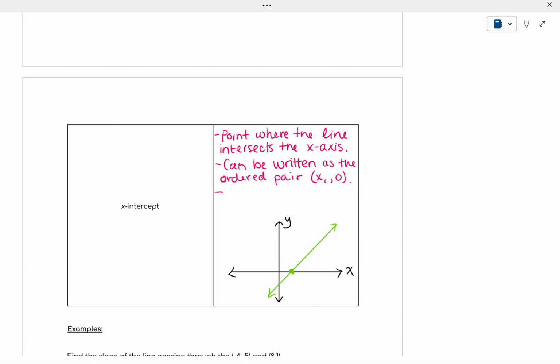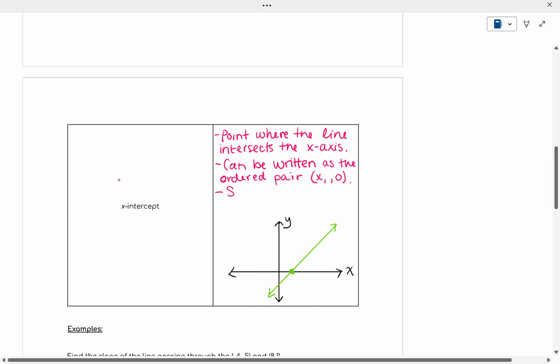And lastly, if we're again asked to find the x-intercept when we're just given an equation, we can do this by substituting 0 for y and then solving for x. So we can substitute y equals 0 and solve for x, and that will give you your x-intercept.